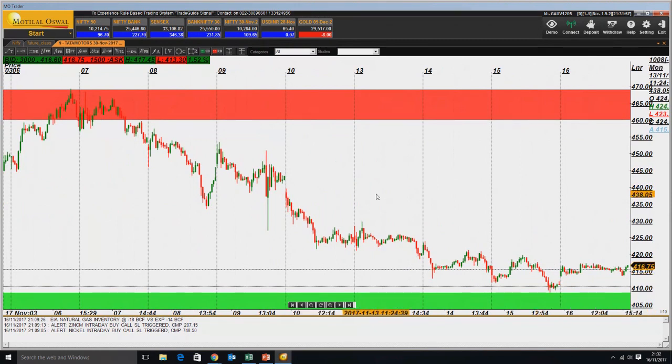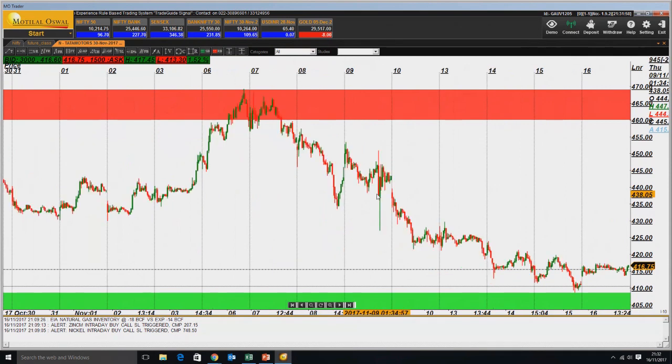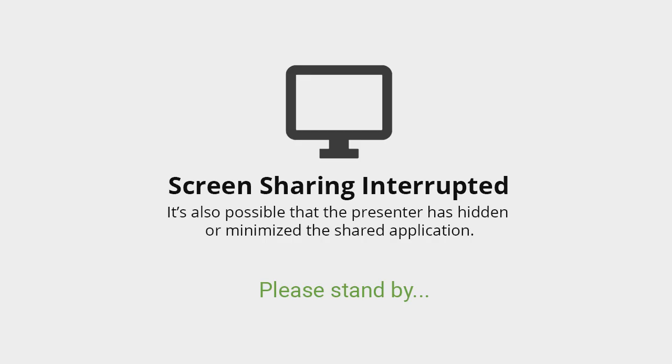Another case you would like is the analysis of Nifty. Say we go here and add Nifty futures, NSE F&O. I just need to select the options.